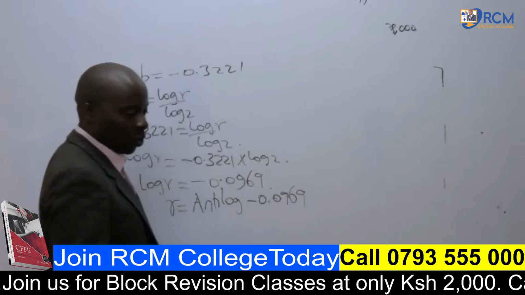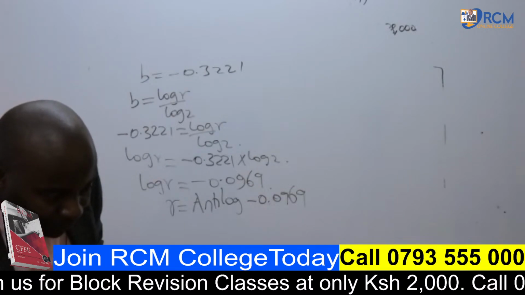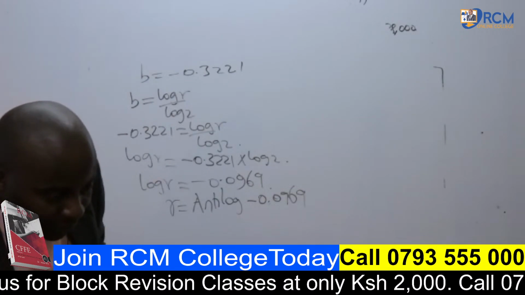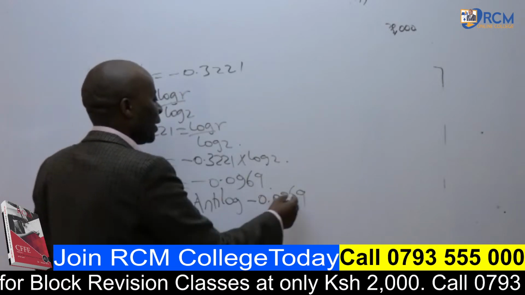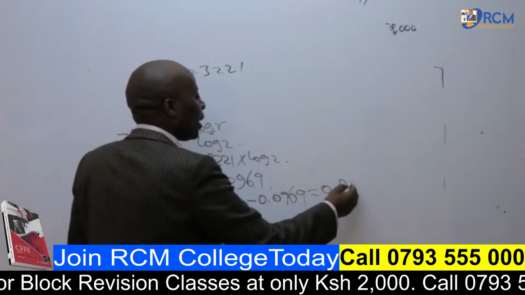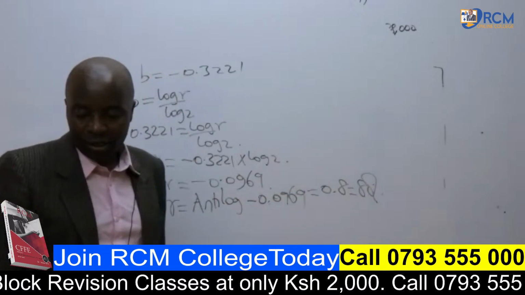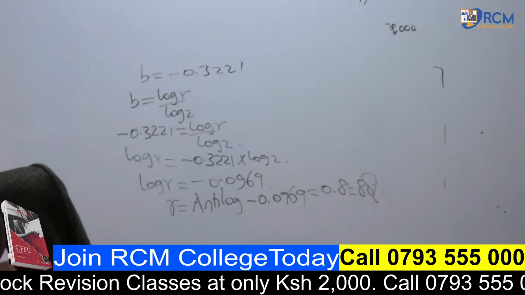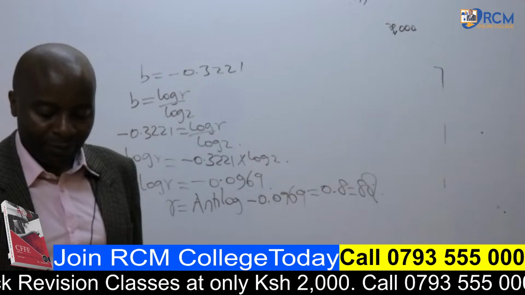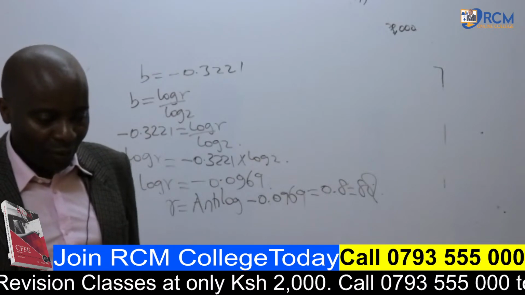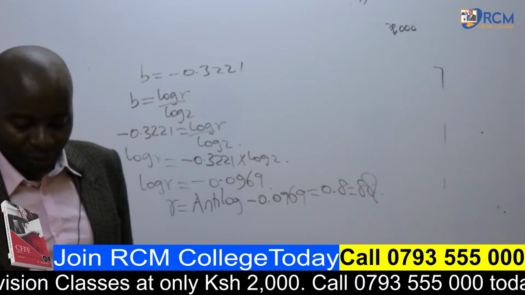When you say equals at the end of the day, I can see from Lucy, anti-log, thank you very much, she's getting 0.8. Is there anybody else who is able to get this 0.8, which is equivalent to 80%? Is there anyone who is able to get 0.799, which is the same as 79.9%?